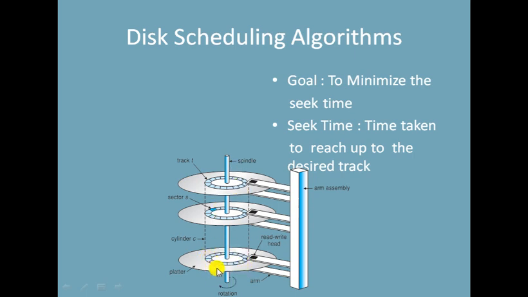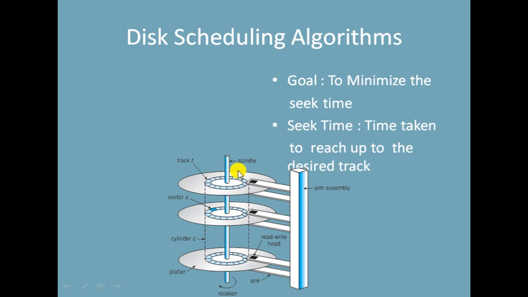Any platter contains these kinds of circles, which we call tracks. Each track is again divided into a number of sectors. Here one square area is called one sector.